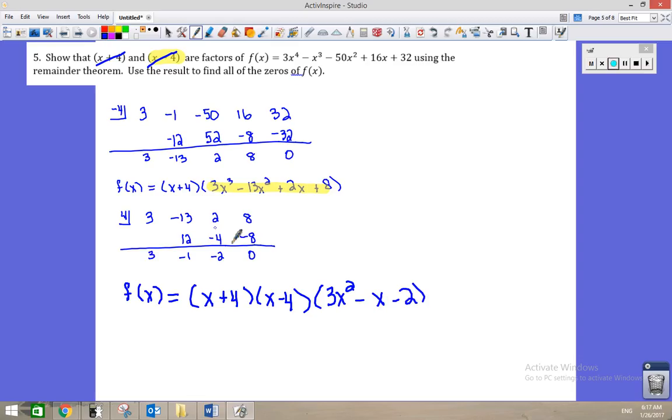That's what the synthetic division helped me to get. And now, when I get to a trinomial of degree 2, I can use the quadratic formula or factor it. If I have plus 2 and minus 1. Now, if you can't do this, just do the x method over here on the side, and that's what you should get.